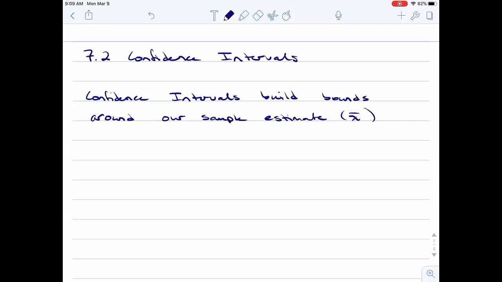We're going to move into proportions, and the difference of two proportions. We're going to use it for a lot of different scenarios, but the idea stays the same always. Confidence intervals build bounds around our sample estimate.